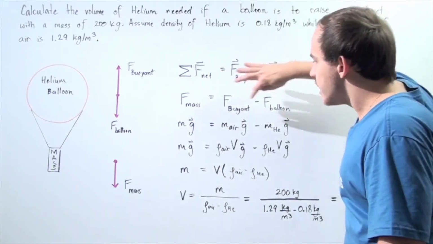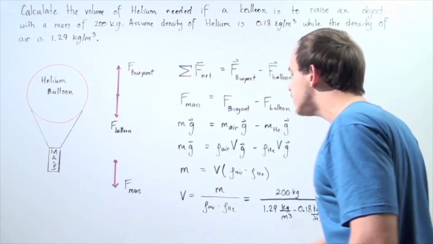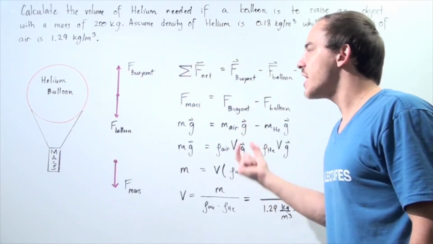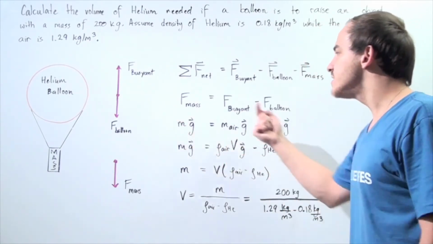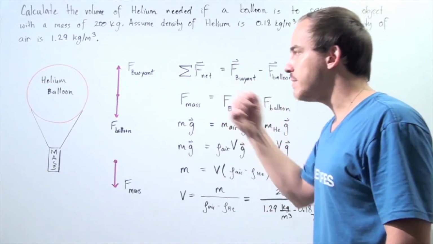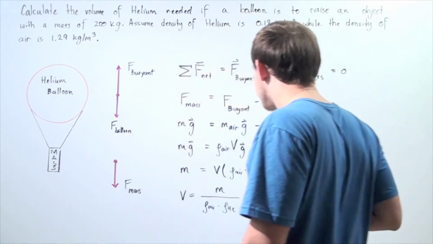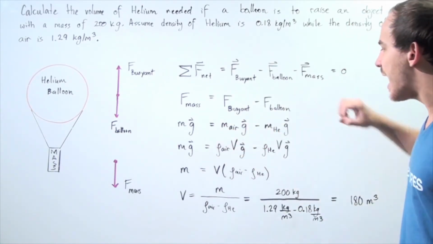Now notice that the mass of the air displaced by our balloon is simply equal to the density of the air multiplied by the volume of the balloon. And this is known as Archimedes Principle. So we apply Archimedes Principle to solve this problem. So multiply this quantity by g and subtract.